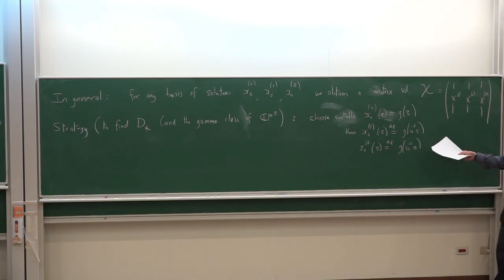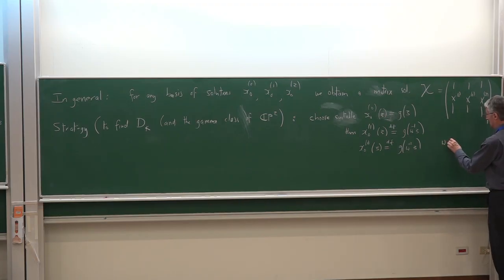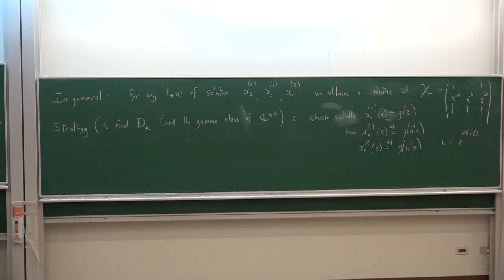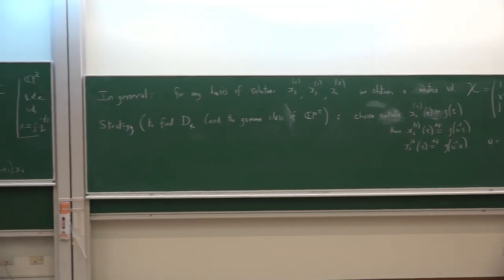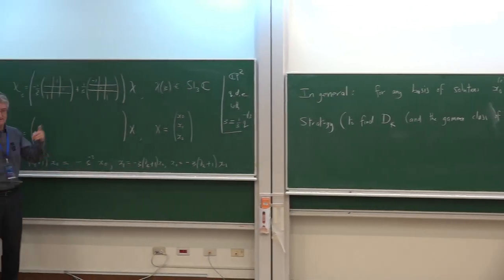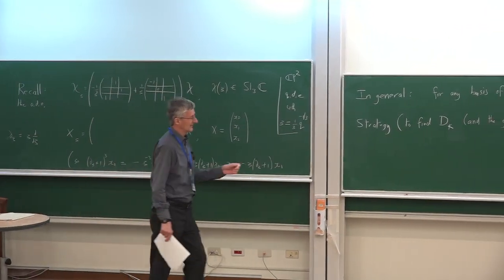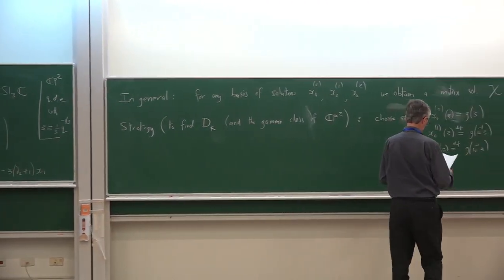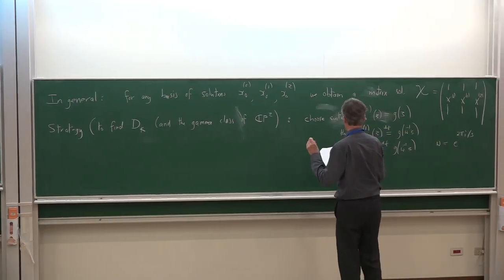These are still solutions of the equation. Why? What is omega? Omega is the cube root of unity. The equation that I started with only contains zeta to the power 3, so when you multiply by omega, it doesn't change the equation. And it's easy to see they're independent. So that's the starting point.